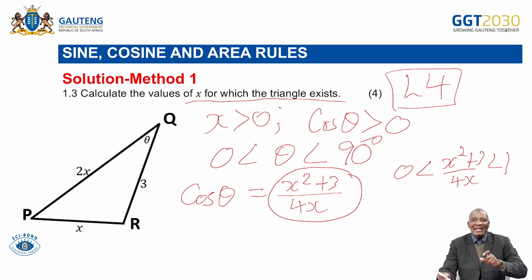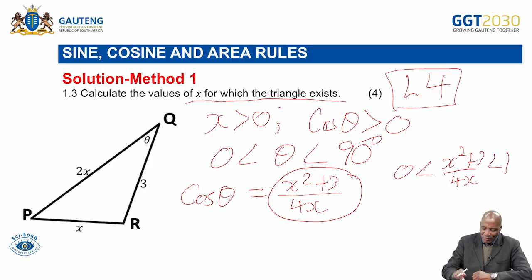But here we are talking about x that has to be positive. We are talking about the angle that also has to be positive, 0 and above. But we are not going to allow 0. That's why we are using a strict inequality symbol. We are not going to use a 0. Why? Because once we use a 0, it means our triangle does not exist. Or cos 0 will give us what? 1.